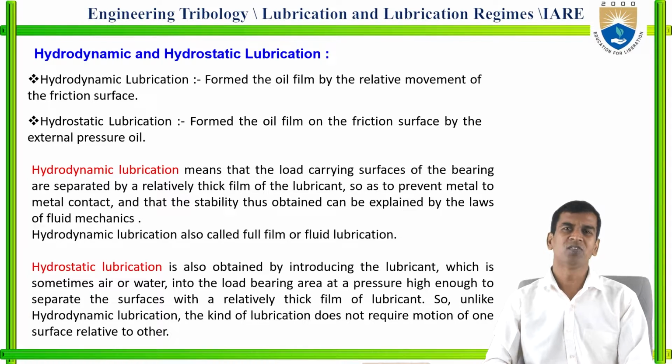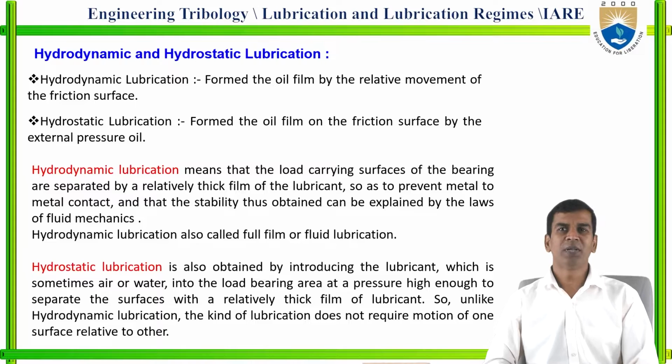Next, coming to hydrostatic lubrication. Hydrostatic lubrication is also called externally pressurized lubrication. It is obtained by introducing the lubricant, which is sometimes air or water, into the load bearing area at high pressure, enough to separate the surfaces with a relatively thick film of lubricant. This kind of lubrication does not require motion relative to each other.